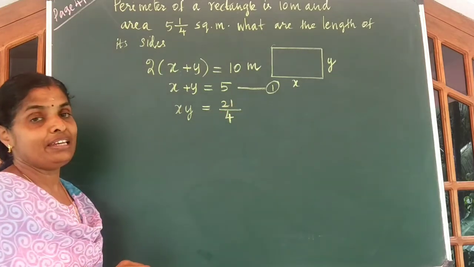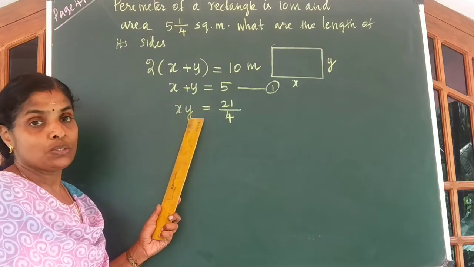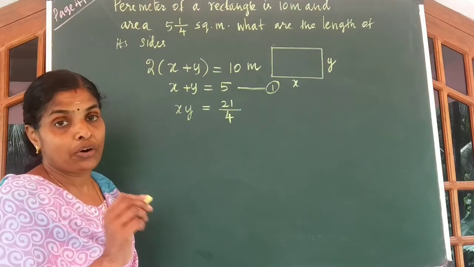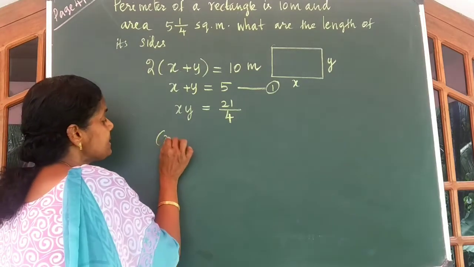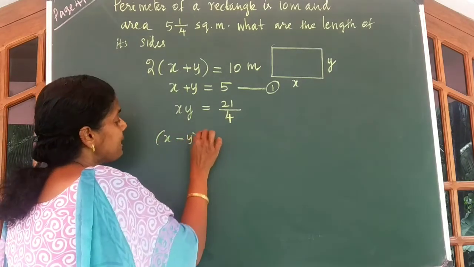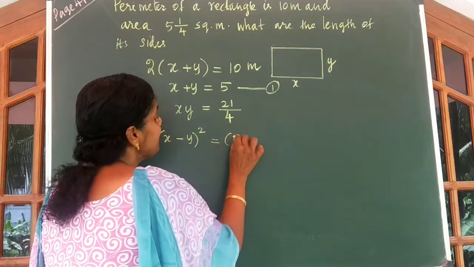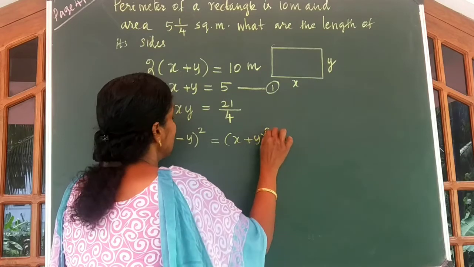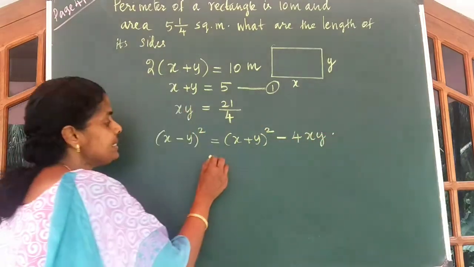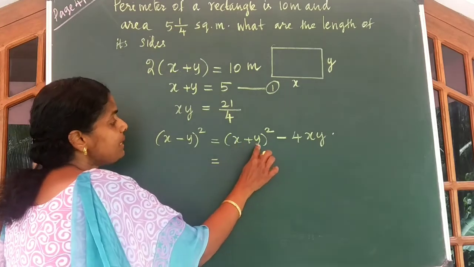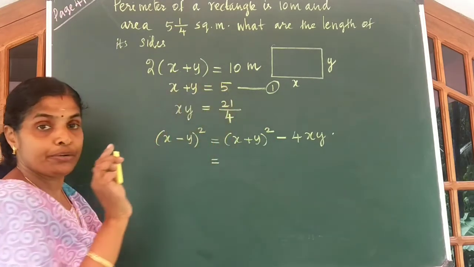Now here again you cannot solve x plus y with xy. So we are using a formula which you studied in 8th standard. Next step we can write x minus y the whole square is equal to x plus y the whole square minus 4xy. We know x plus y is equal to 5.